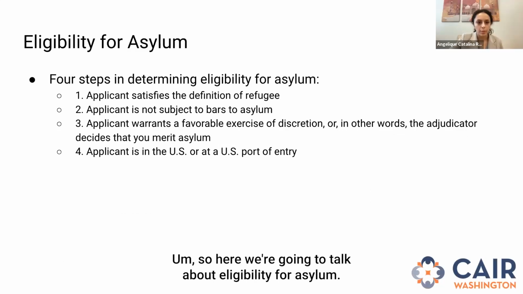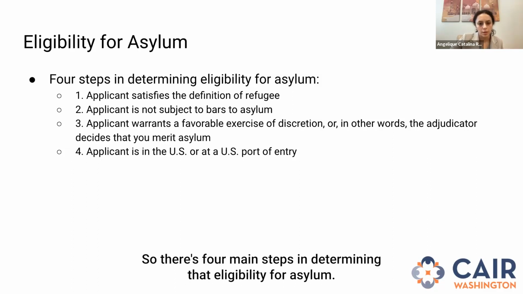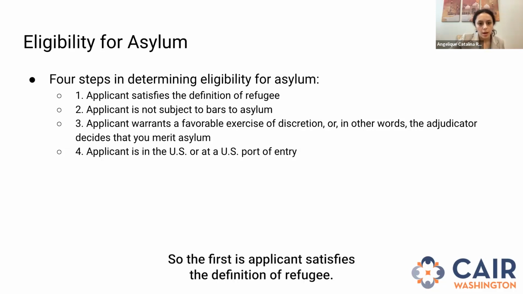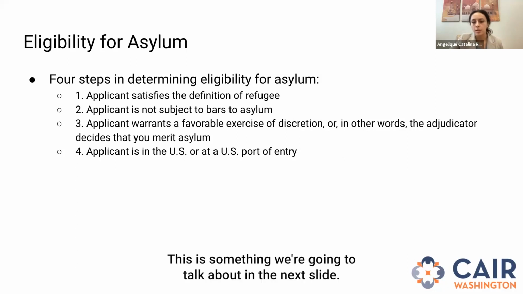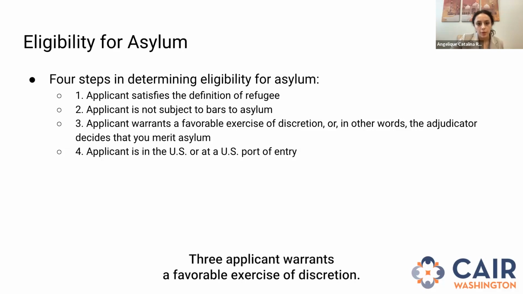So here we're going to talk about eligibility for asylum. There are 4 main steps in determining the eligibility for asylum. So the first is the applicant satisfies the definition of refugee. This is something we're going to talk about in the next slide. 2, the applicant is not subject to bars to asylum. 3, the applicant warrants a favorable exercise of discretion.